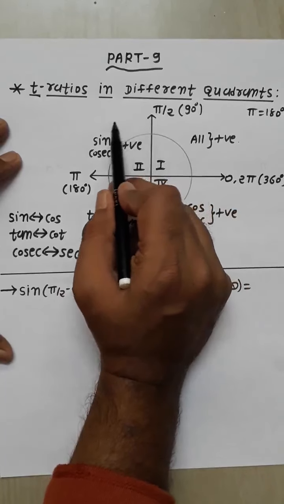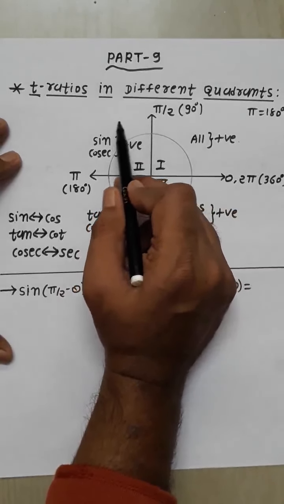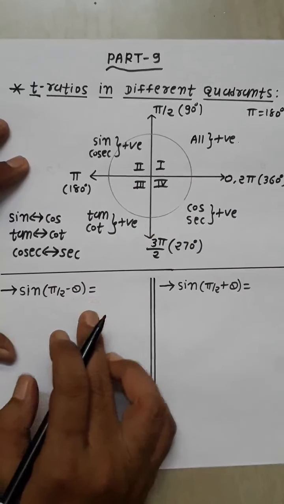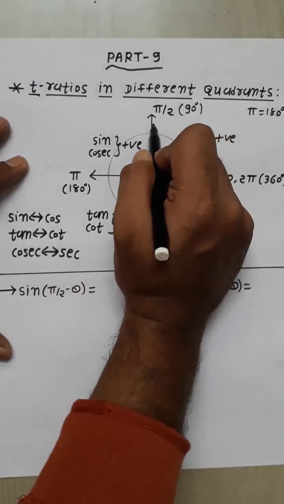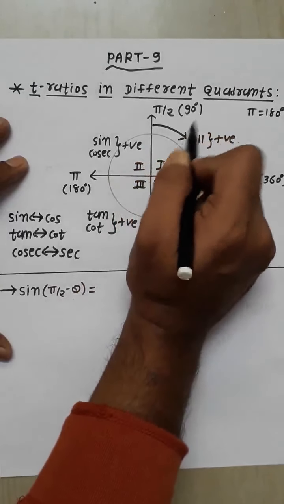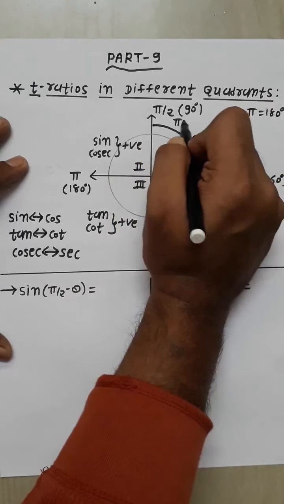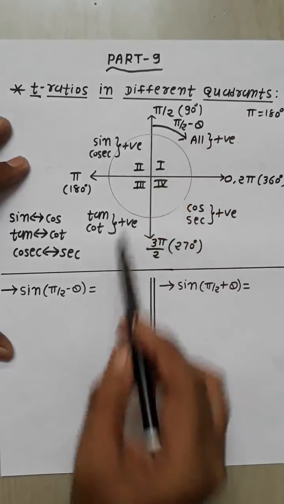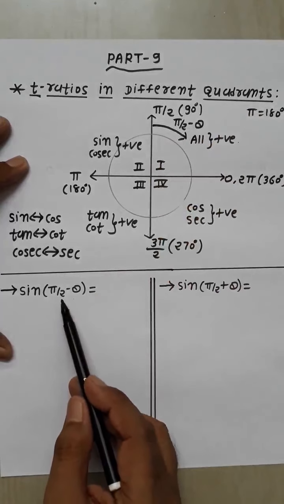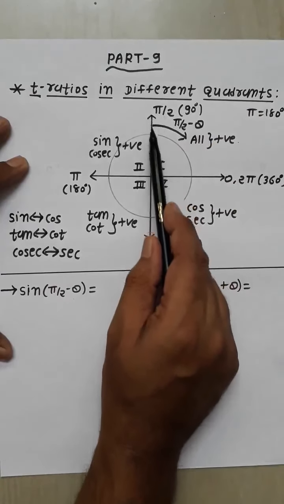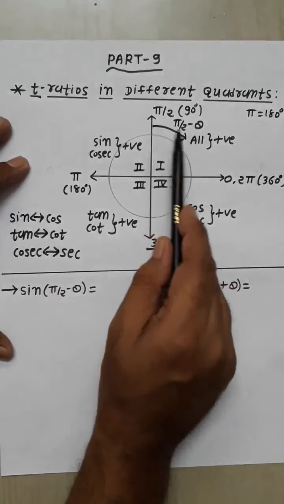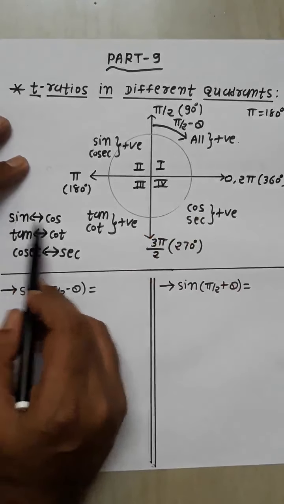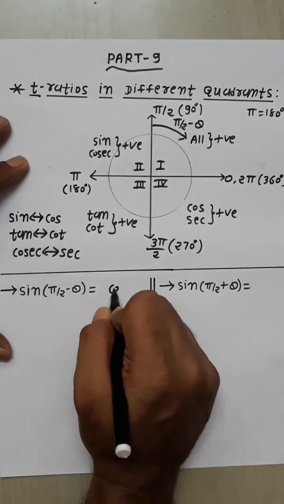And if pi by 2 plus theta is present, this angle lies in the second quadrant. Here pi by 2 minus theta lies in the first quadrant. Now pi by 2 is present, meaning the value is on the y-axis, so we change the function. So in place of sine we write cos.